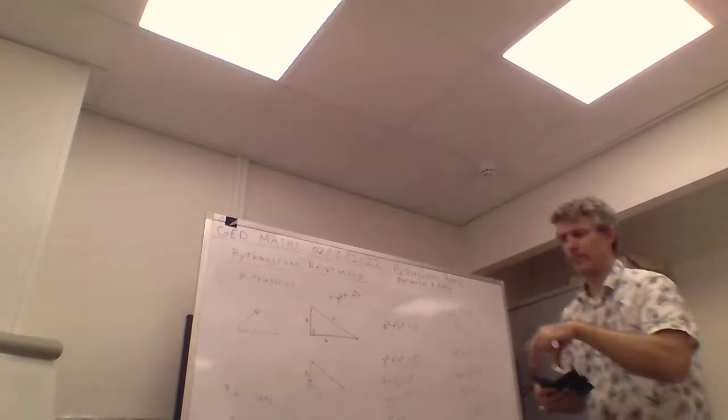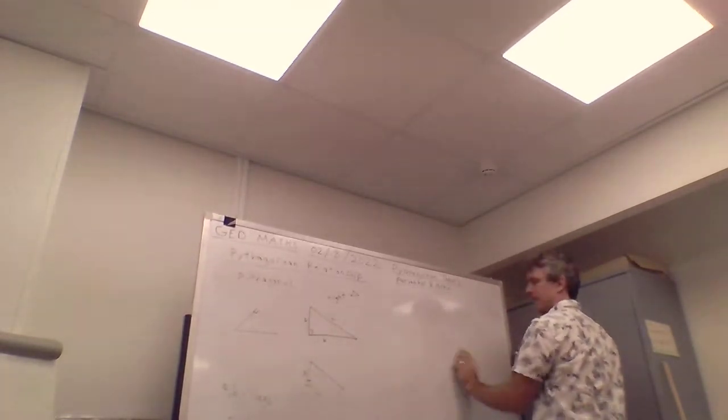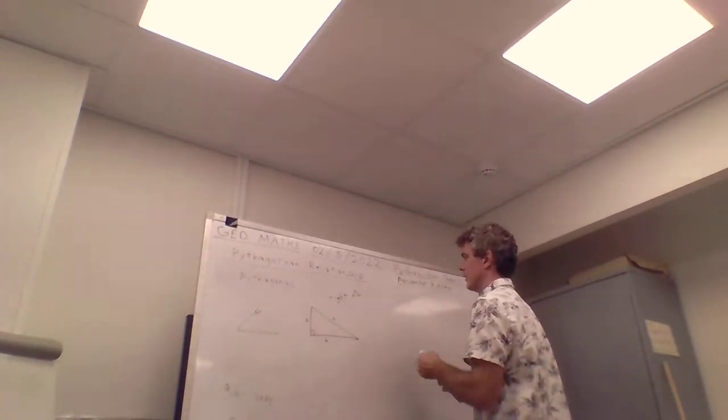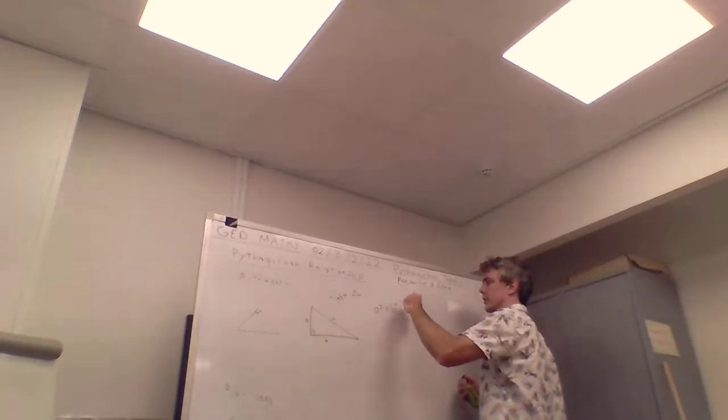I want to show you one other important relationship, the Pythagorean relationship. If we have A, B, C, again it's A squared plus B squared equals C squared.